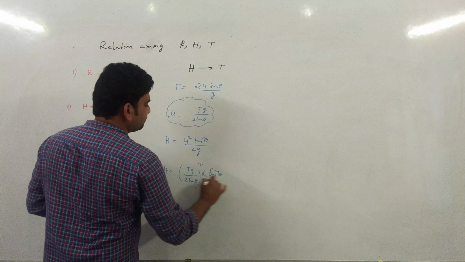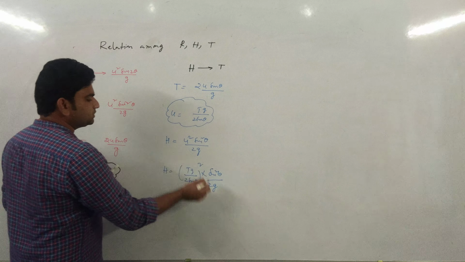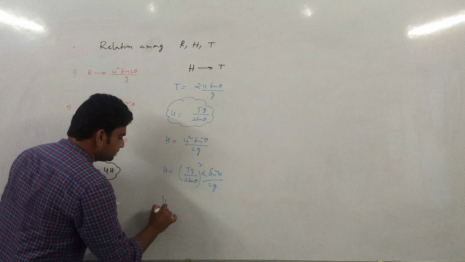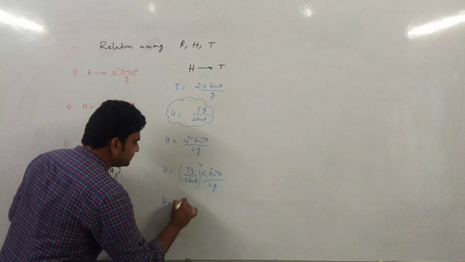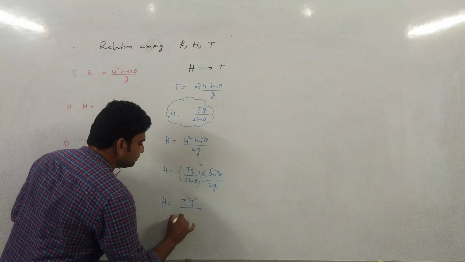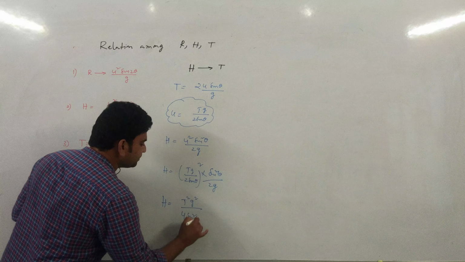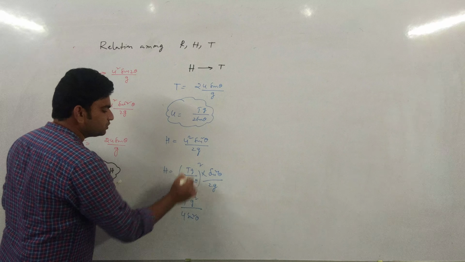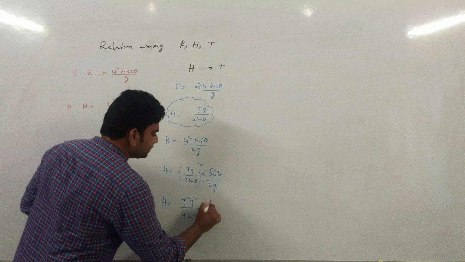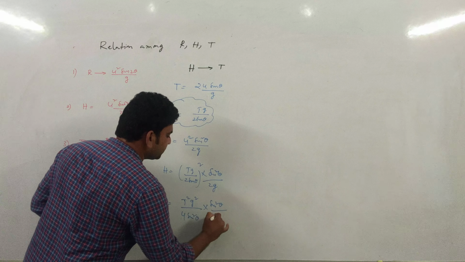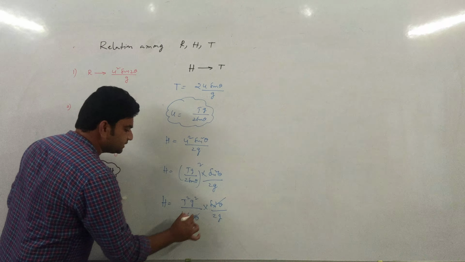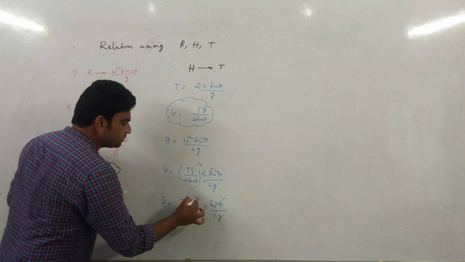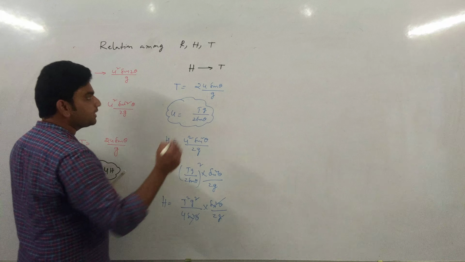into sin square theta by 2g as it is I wrote, and then h equals T square g square by 4 sin square theta, because this is whole square, 2 sin theta whole square becomes 4 sin square theta, into sin square theta by 2g. Now this sin square theta gets cancelled, one g gets cancelled. Now 4 twos are 8.